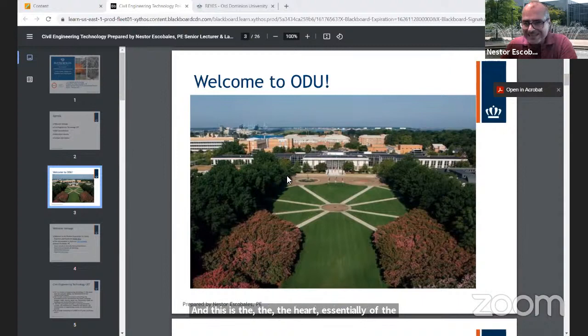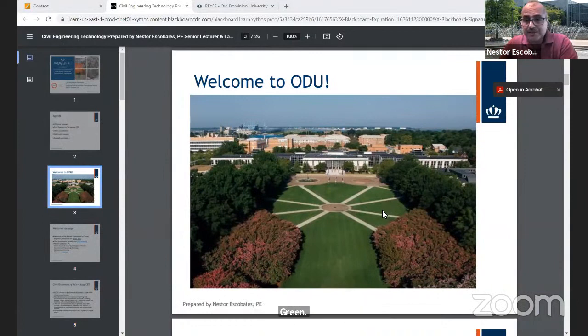I call it a quad, like a quadrant, because at my former university, we had one similar in Illinois, and it just looked like it. This giant center, green pad.